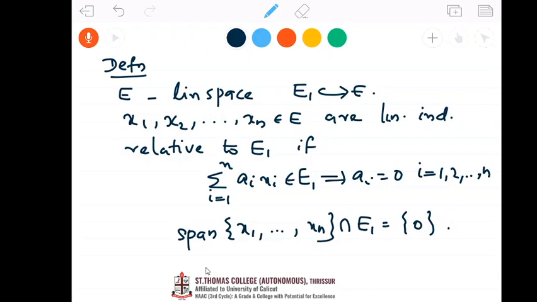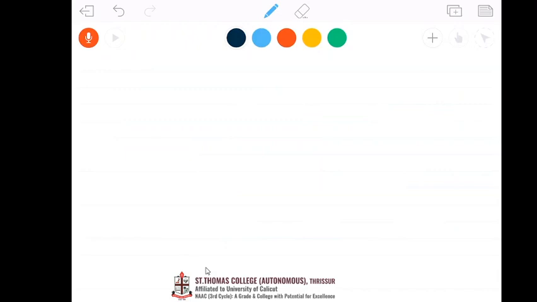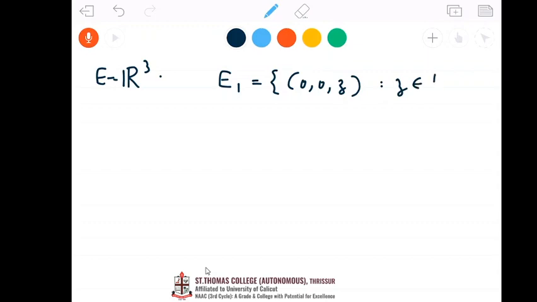For example, if we take R3, we know that it's a linear space, and this is my E. I am taking E1 as the set of all (0, 0, z), where z is an element of R. This is our Z axis.